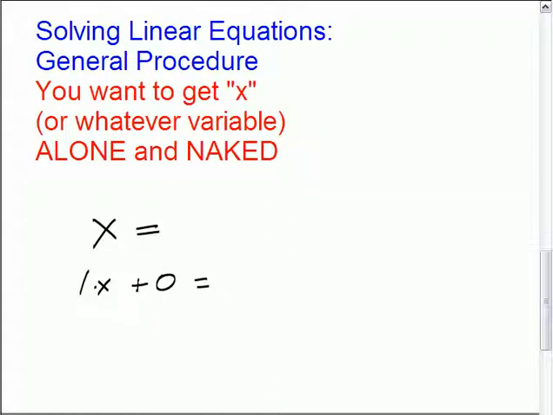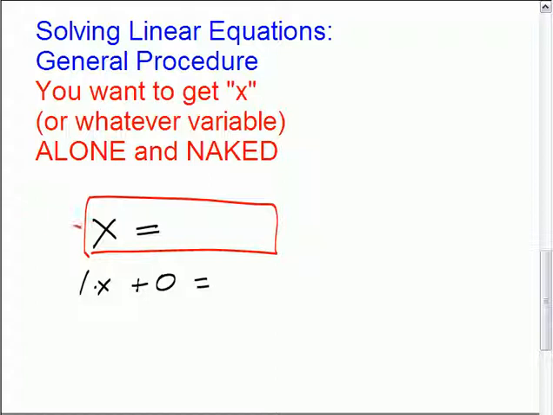So there are basically 3 steps to solving a linear equation. The idea is you want to get x, or whatever variable the equation is in, naked and alone. So what we mean by that is, you'll see here in this first x equals, we've already decided that's what our final step is going to look like. When we know what number x equals, then we've solved it.